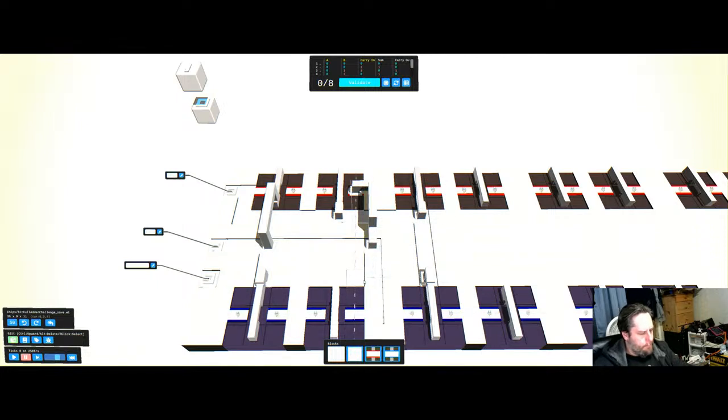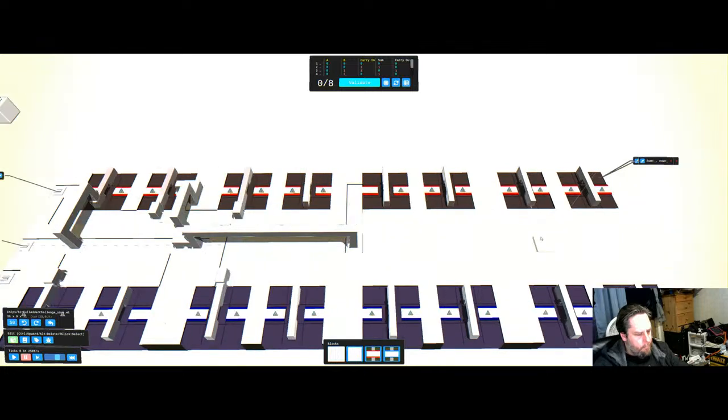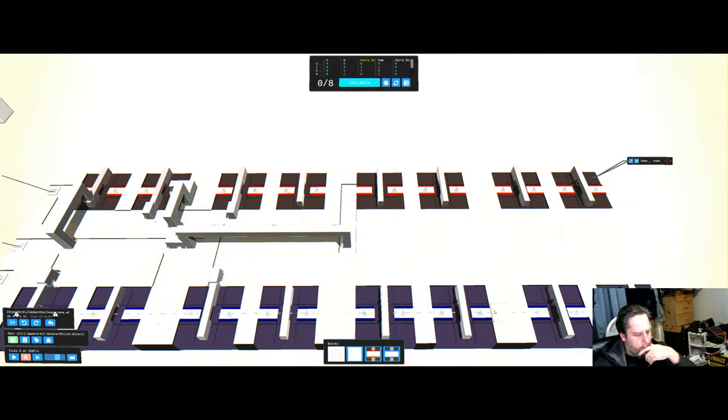Move that there. Okay, we got A connected. B, I still want to continue on, so let's do this. It's kind of roller coastering here, so B, it's going to come from here. We may or may not keep it like that.